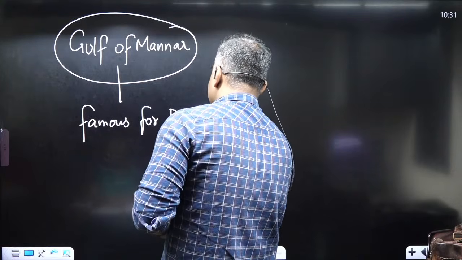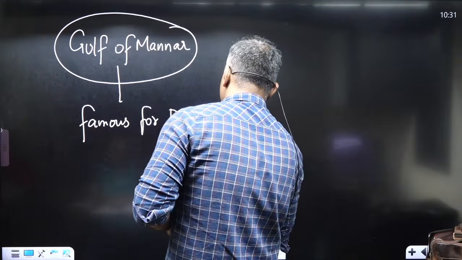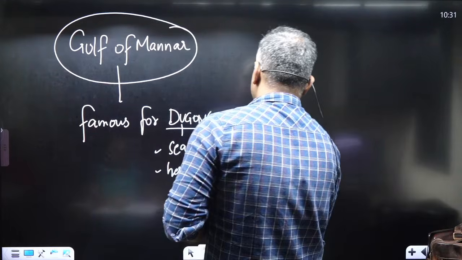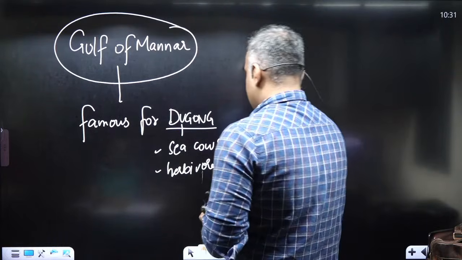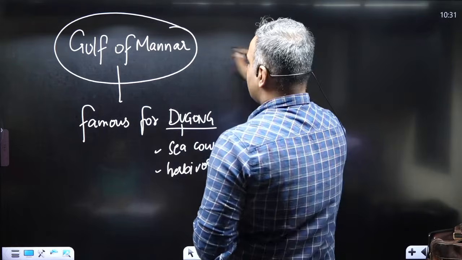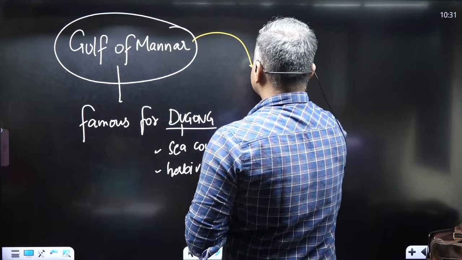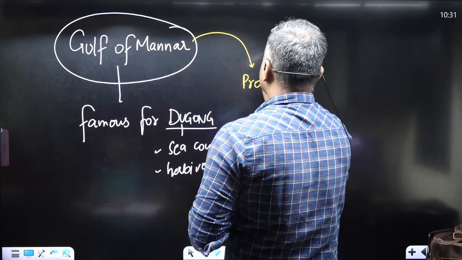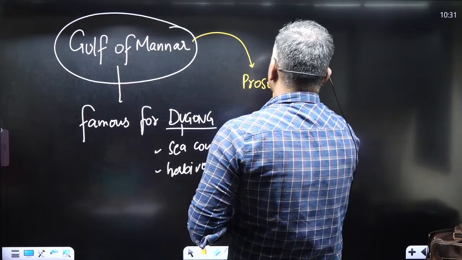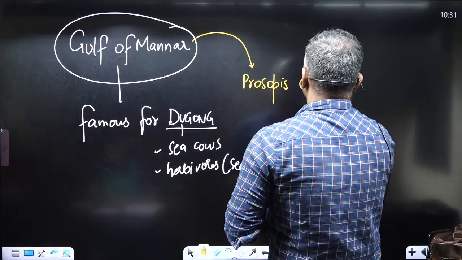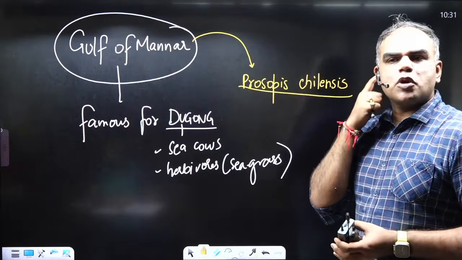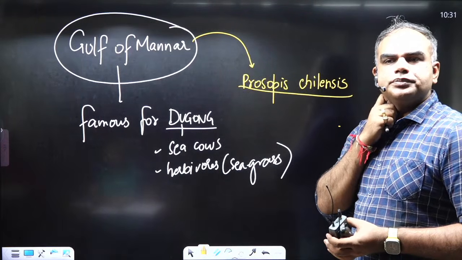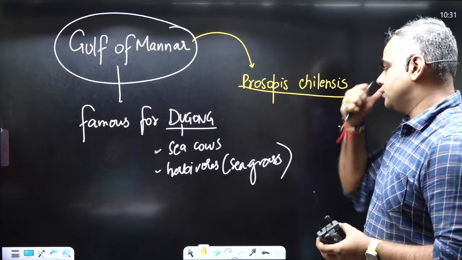They are herbivores because they eat sea grass. Second thing, this area of Gulf of Mannar has seen the infestation of invasive species, that is Prosopis chilensis. Location wise, I'm telling you.